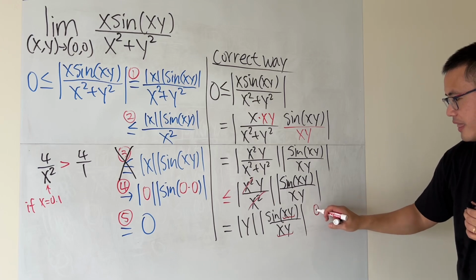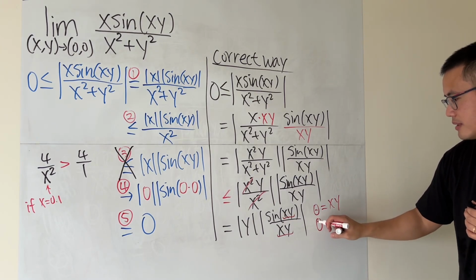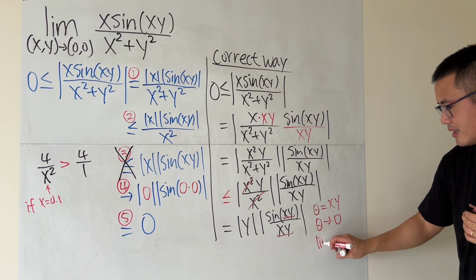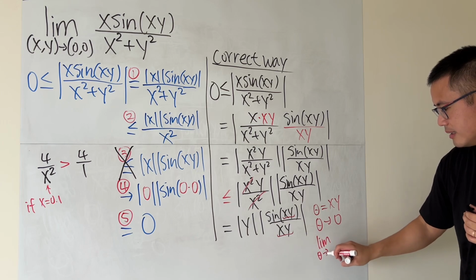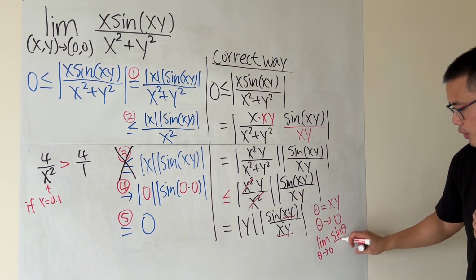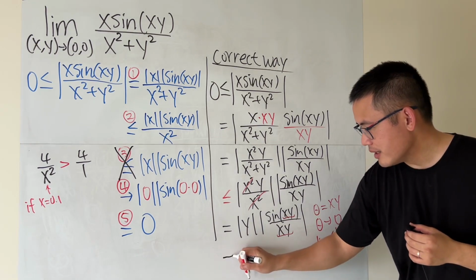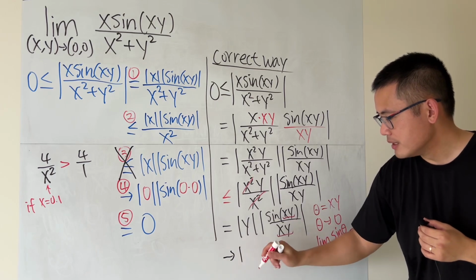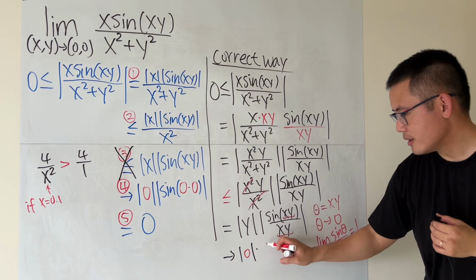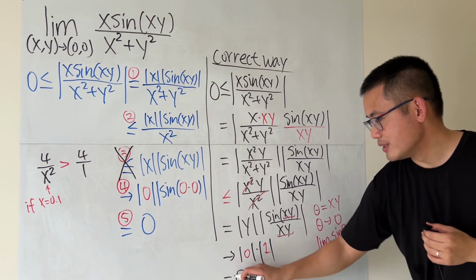So we can say theta equals xy, and because x and y are approaching 0, that means theta is approaching 0. And we know the famous limit as theta goes to 0 of sine theta over theta is equal to 1. So all in all, this right here is approaching the absolute value of 0 times 1, which is just equal to 0.